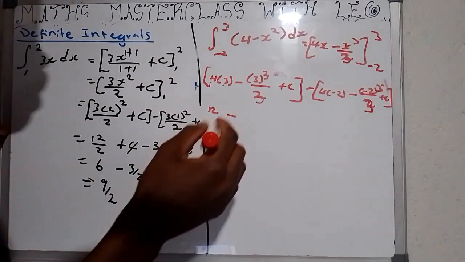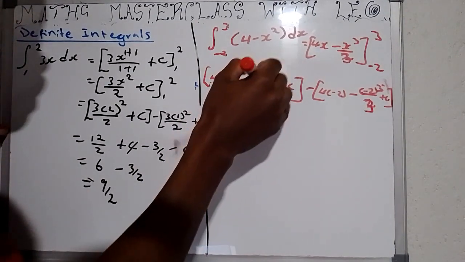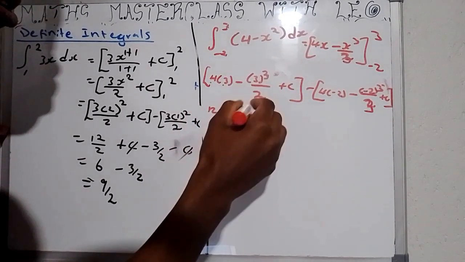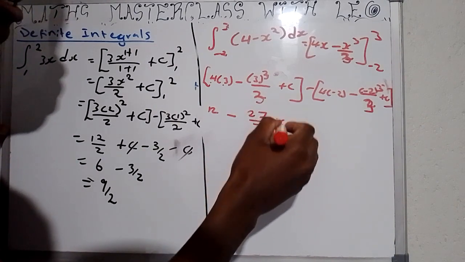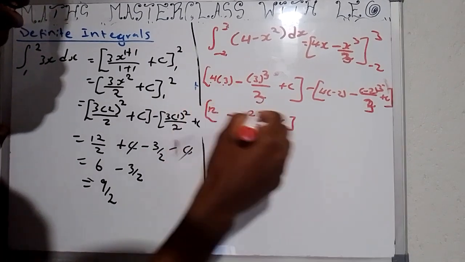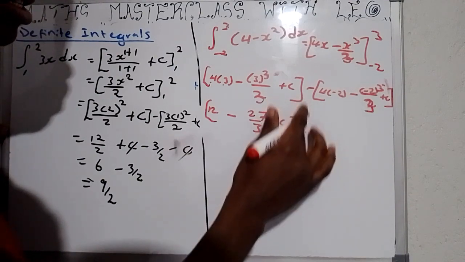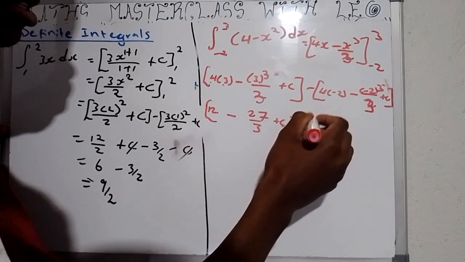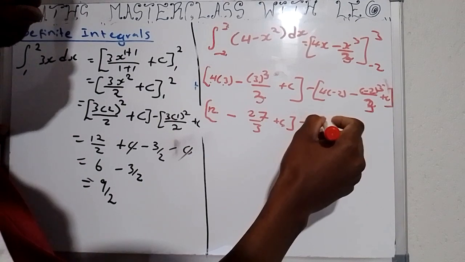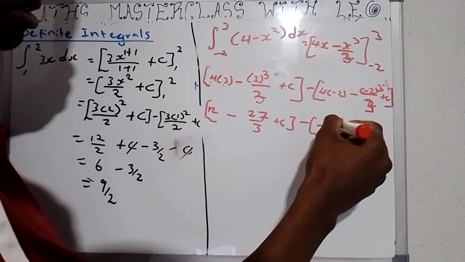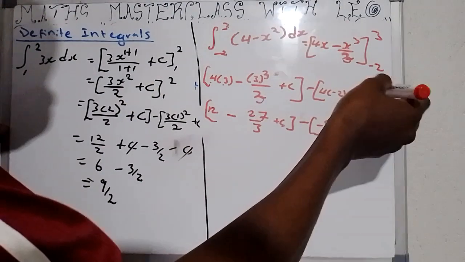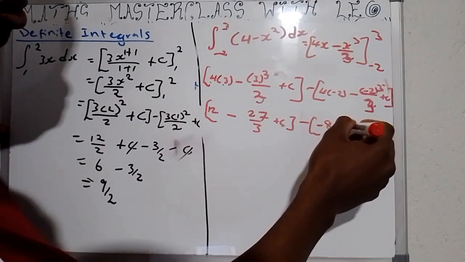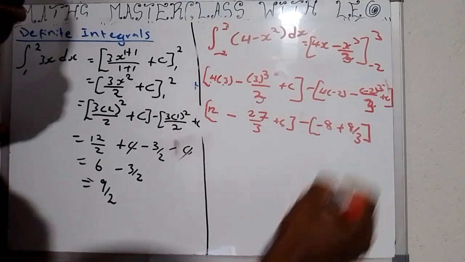Yeah. So now, when I check this, this will give me 27 over 3 plus c, right? And then minus this will give me minus 8, minus this is plus 8 over 3. I believe it will give me that.